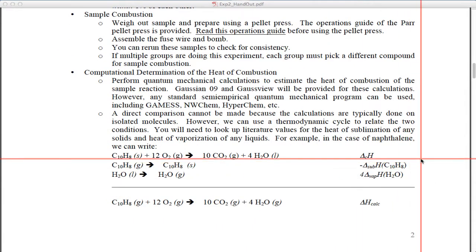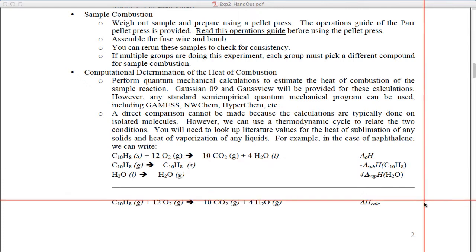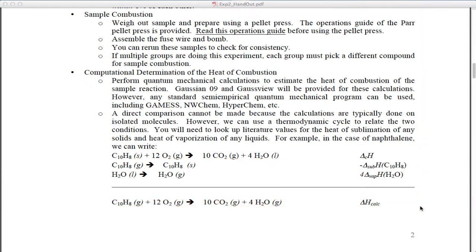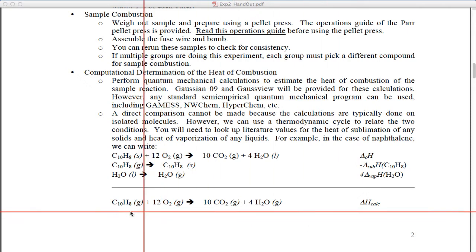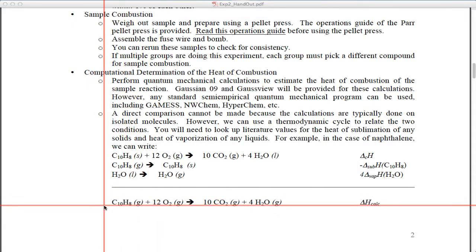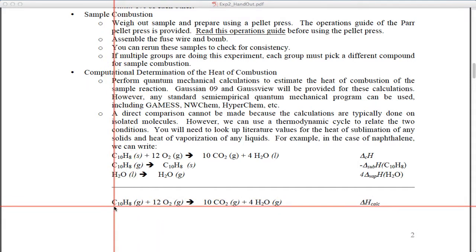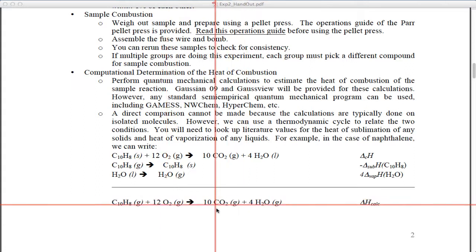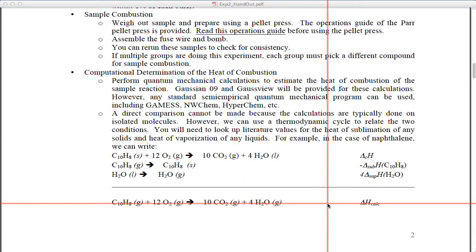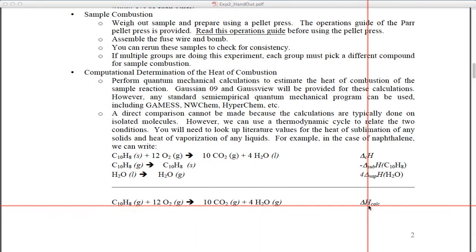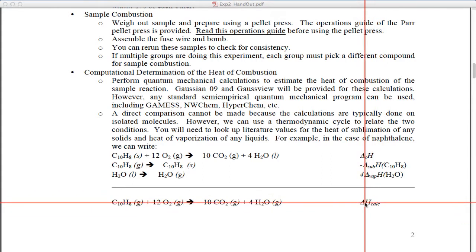And what I'll say is that by default you typically calculate gas phase energies, and therefore gas phase enthalpies. So we're going to calculate the gas phase energy for naphthalene, for oxygen, CO2, and water. And so this is what we will, in a sense, get from our ab initio calculations.